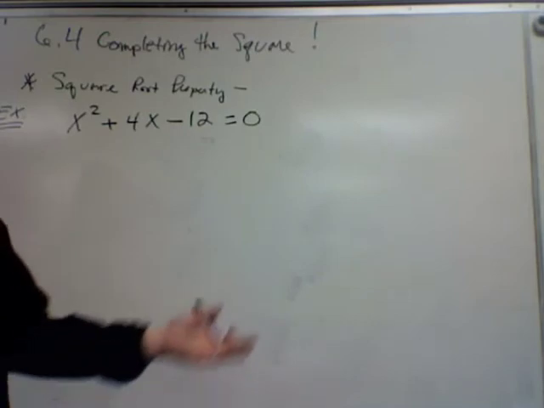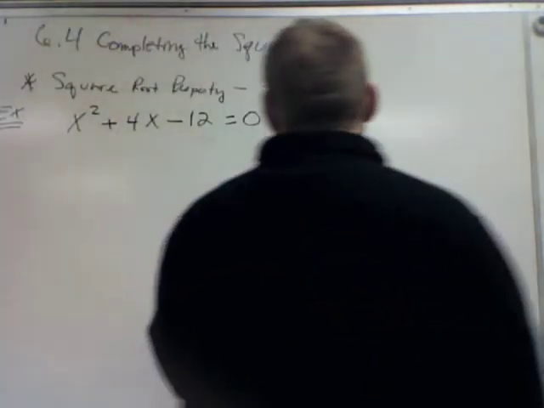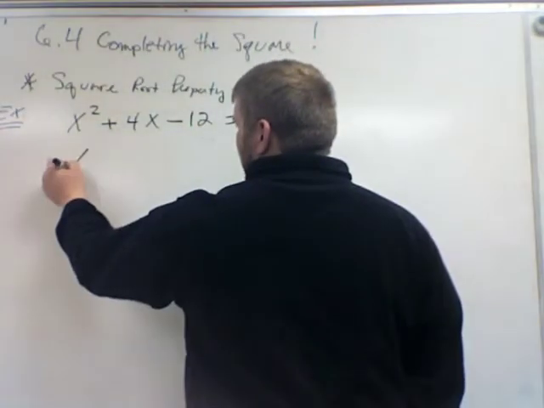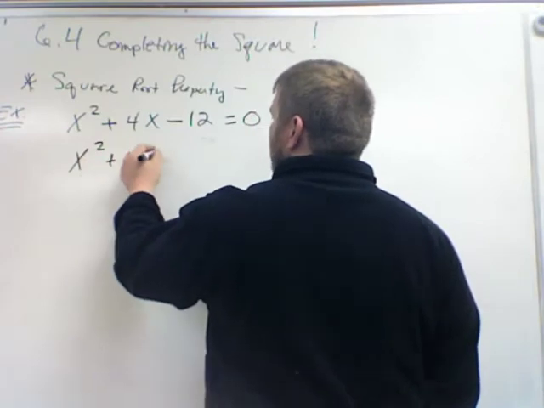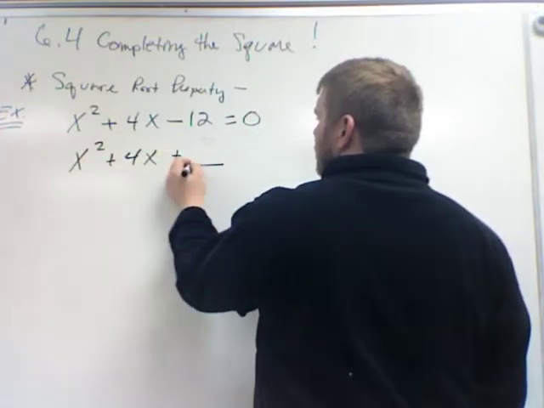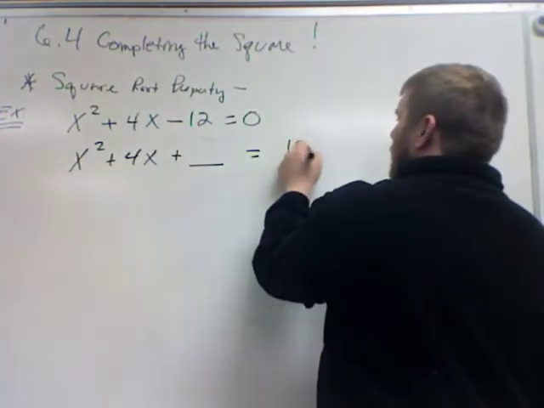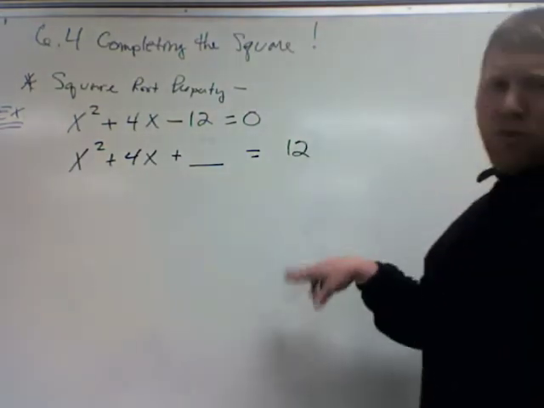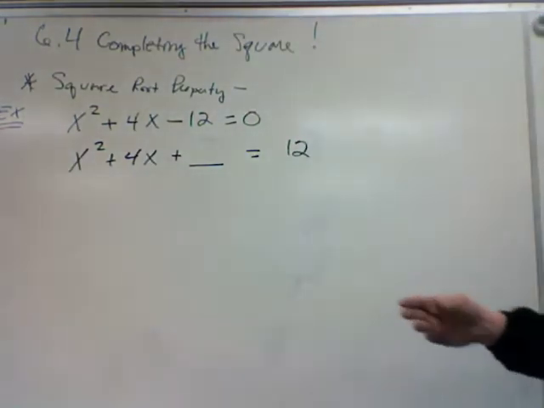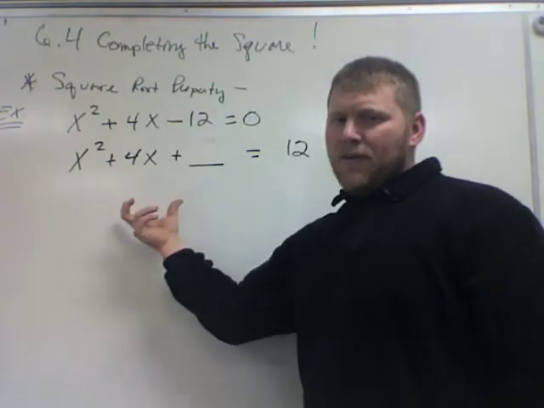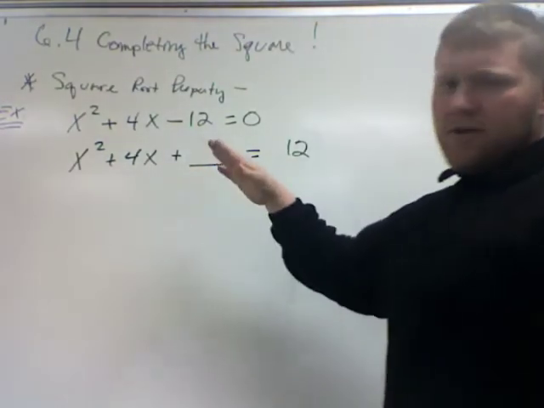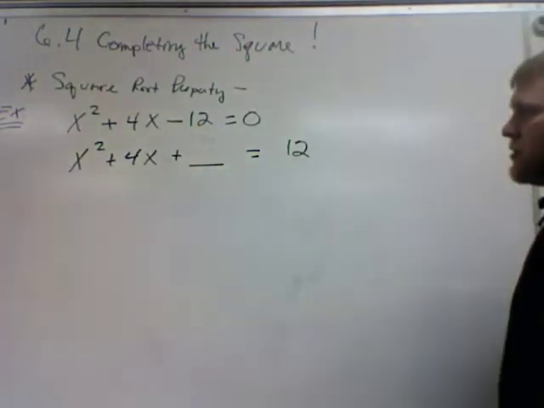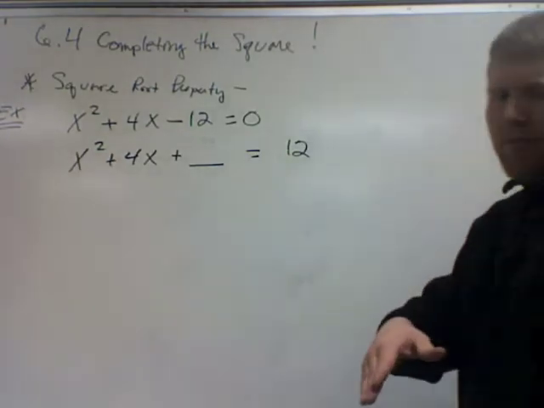So I'm just going to add it to the other side, just to get it out of there. I'm going to put the 12 over here. So I add the 12 over. And now my goal is to make this left side a perfect square, so I can square root it, and then I can do what I did in the previous problem.